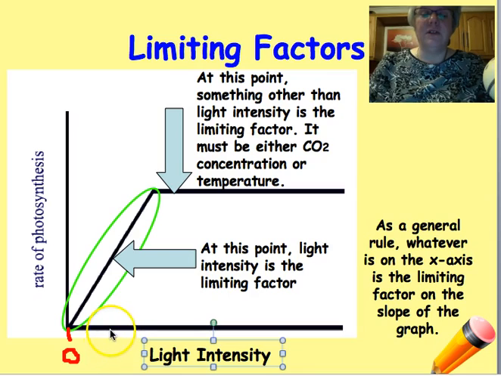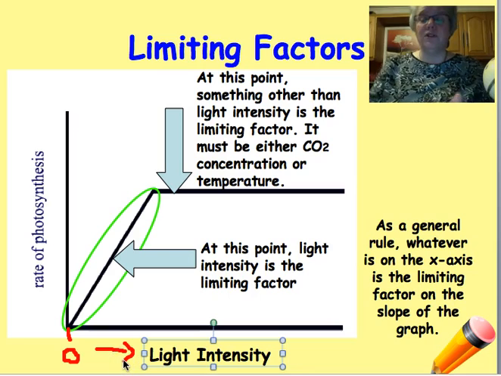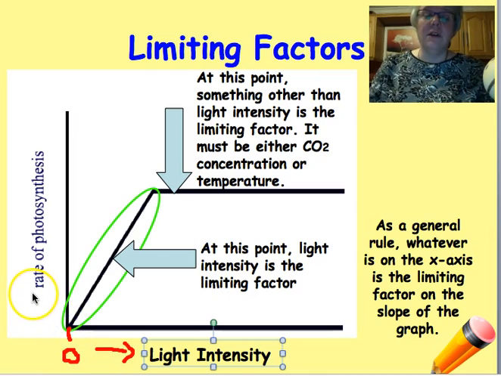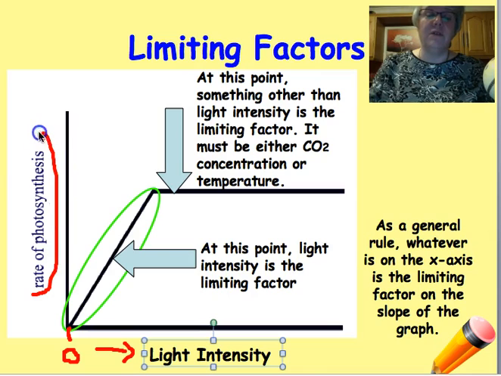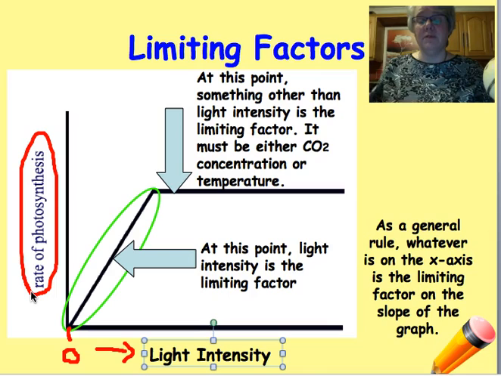And then as you start to get nearer the plant, in other words, you're increasing the light intensity, as you move your lamp nearer the plant, the rate of photosynthesis will start to increase. Up the side here is the rate of photosynthesis, and that could be something like measuring how many bubbles of oxygen are produced per minute.